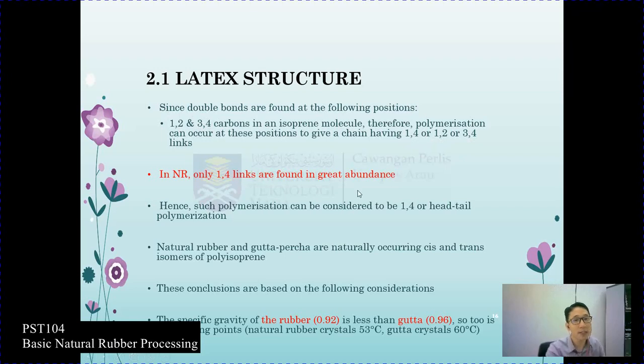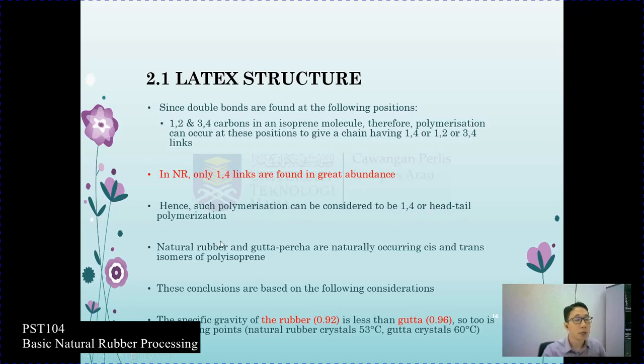So although there is a mixture of 1,4, 1,2 and 3,4 reactions during the polymerization, the great percentage of natural rubber latex is formed at the 1,4 link. Hence polymerization can be considered 1,4 or head to tail polymerization.